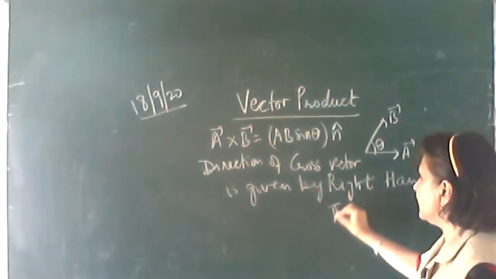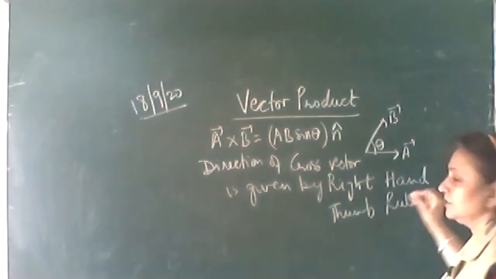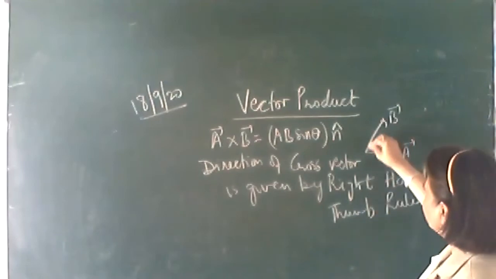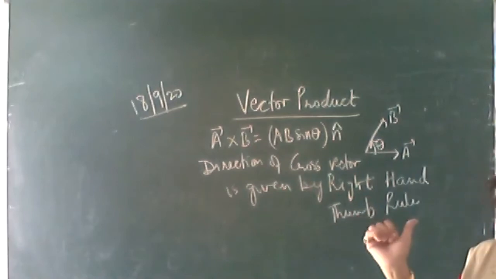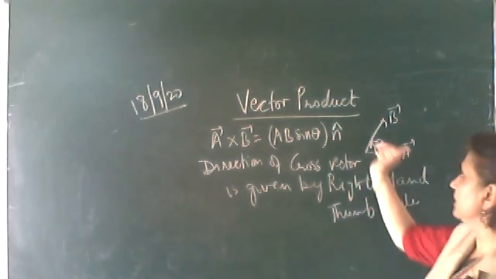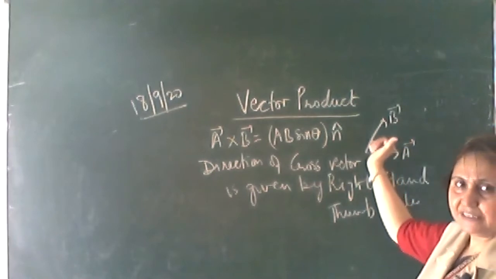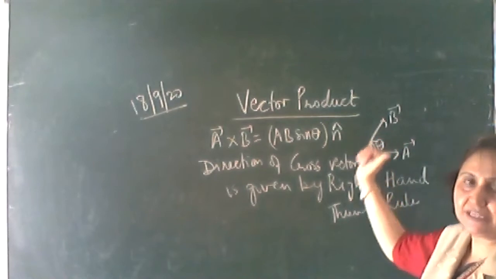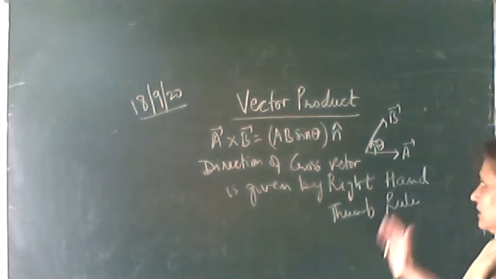Now it states that with the right hand, along theta, if we move from the first vector to the second vector, that is the curl of the fingers, then the thumb which is perpendicular to the curled fingers will give the direction of n cap. This is called right hand thumb rule.